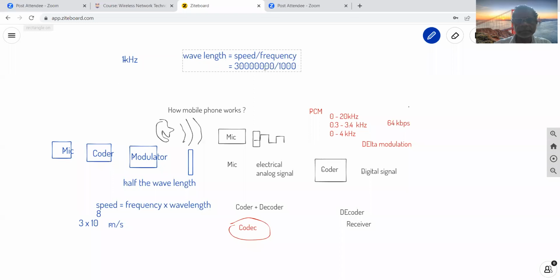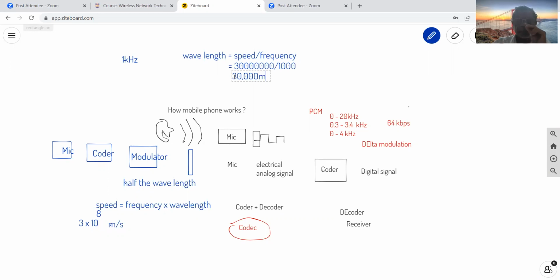Then what is the answer? That will be 30,000 meters. That is 30 kilometers. Then the antenna length should be 30 kilometers.